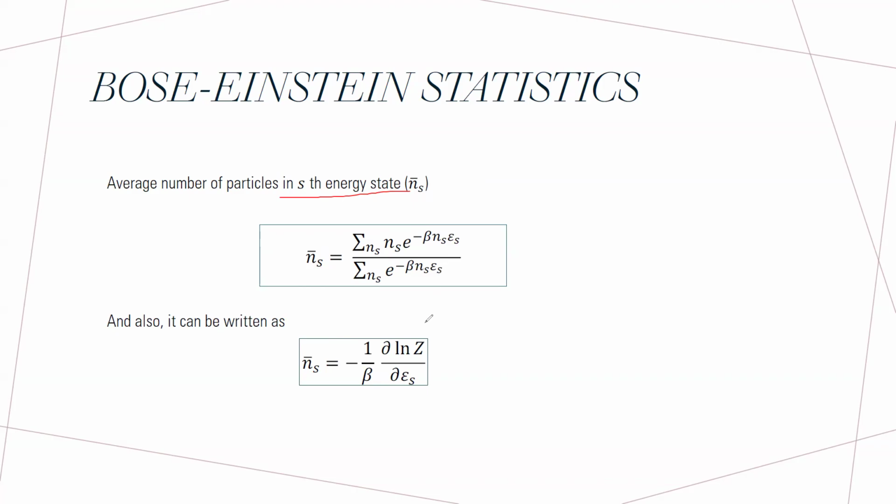And we can also write this as n_s bar is equal to minus 1 over beta times the partial derivative of ln Z over the partial derivative of epsilon_s.